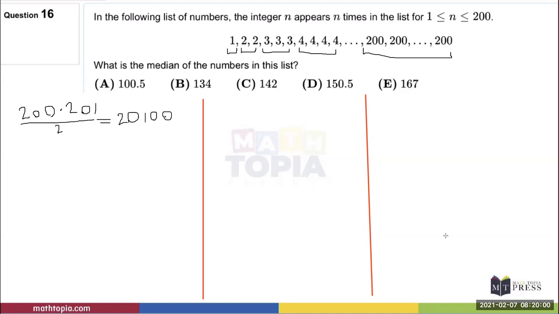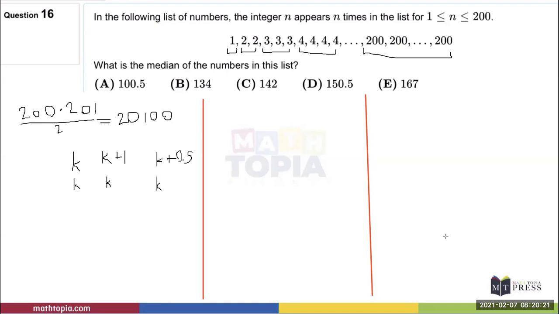So here's the thing. Let's say the 10,050th number is k, right? Then the next number would either be k plus 1, or it would just be another k, right? But regardless of this, the median is either going to be k or k plus 0.5, right?